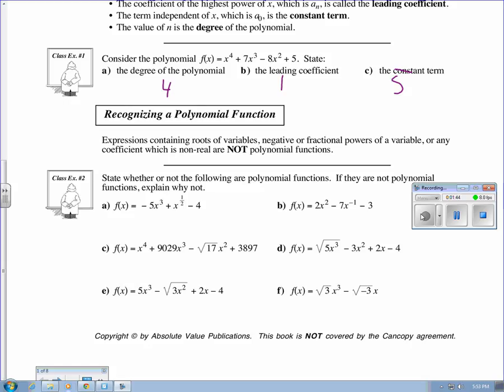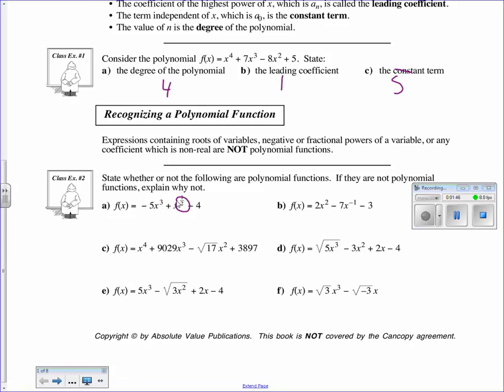Keys that things are not polynomial functions: fractional exponents. So that's bad. Exponents that are not positive, that's bad. So that's a no. Exponents that are not whole numbers, like this one is going to generate an exponent of 3 over 2. So that's also bad.